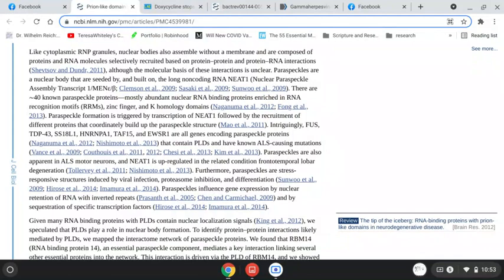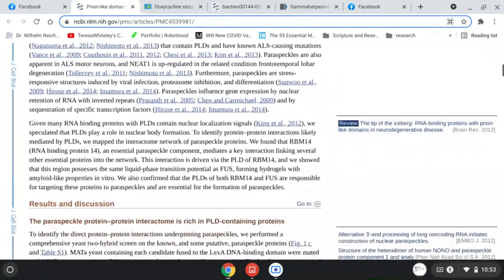Paraspeckles influence gene expression by nuclear retention of RNA with inverted repeats and by sequestration of specific transcription factors. Given many RNA binding proteins with prion-like domains contain nuclear localization signals, we speculated that the prion-like domains play a role in nuclear body formation.